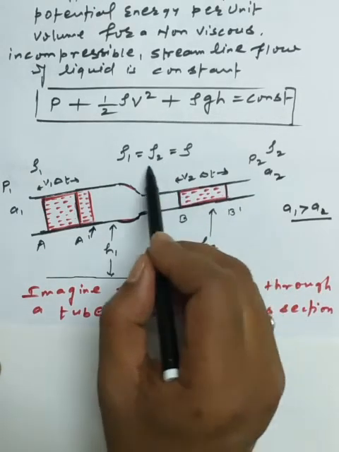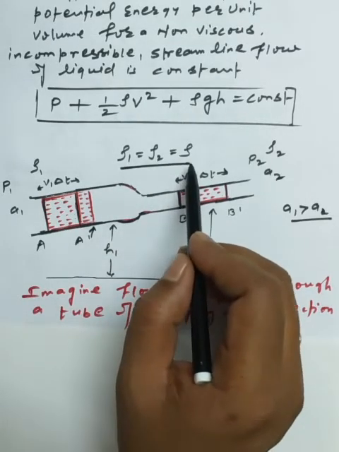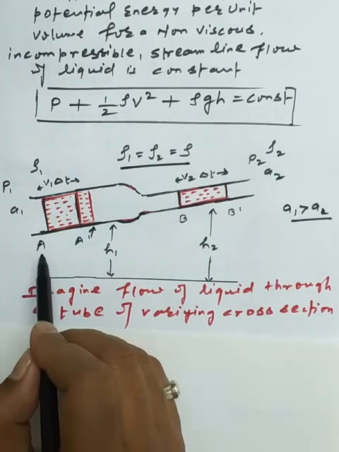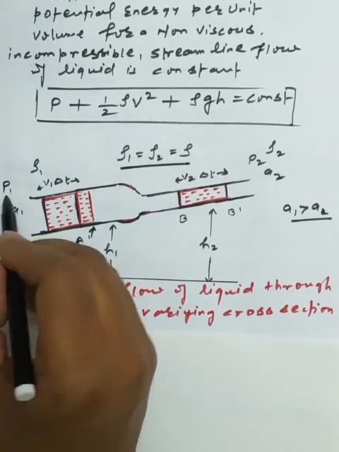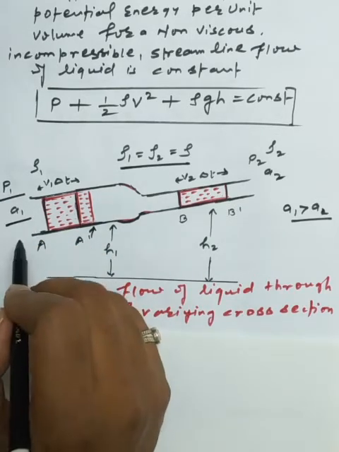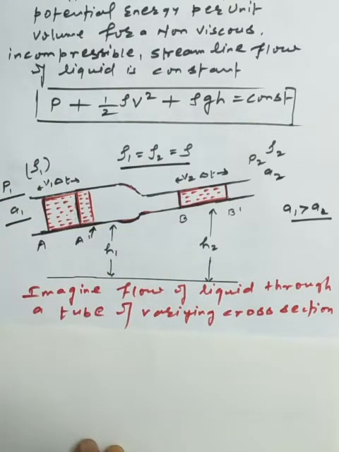As we are imagining the liquid is incompressible, the density of the liquid throughout the volume is constant. At the end A, the broader end, we have the pressure P1. The area of the cross section is A1, and for simplicity we have assumed the density of the liquid at the end A to be rho 1. Okay.